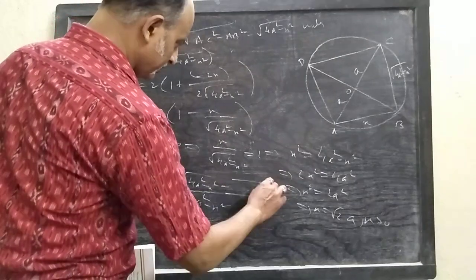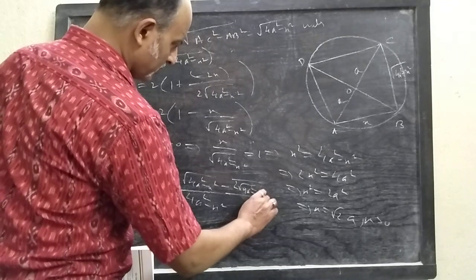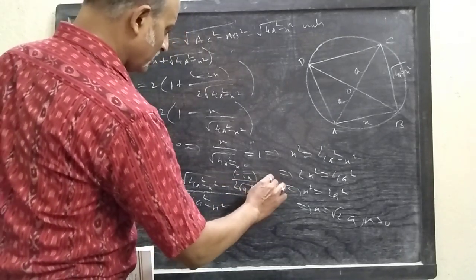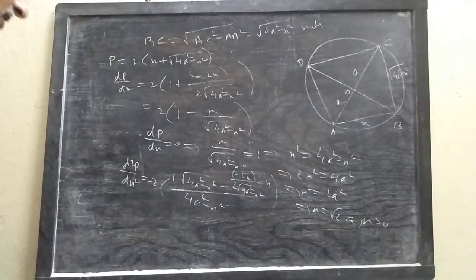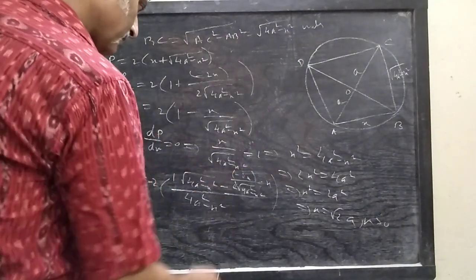This will be 2 root over of 4a square minus x square, here it will be minus 2x into x unchanged. 2 cancels.